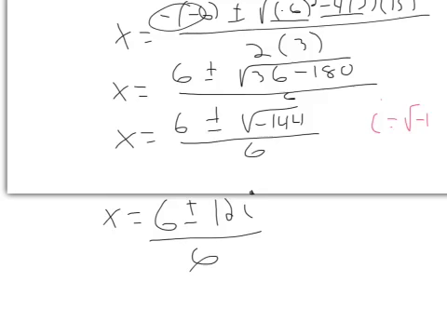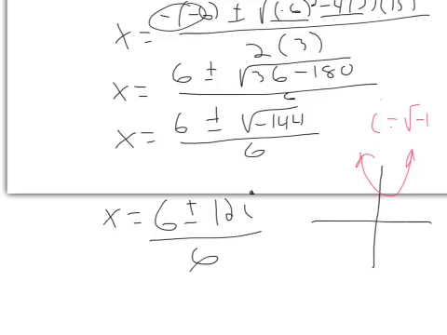So what this tells me, if you looked at this graph, this parabola would not touch the x-axis at all. It would just be floating up above it somewhere. So if you do the work and you get down to this, to have a negative number inside the square root, you're going to end up with an imaginary answer, which means that your parabola does not touch the x-axis.